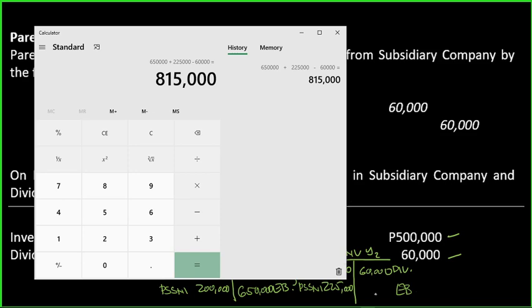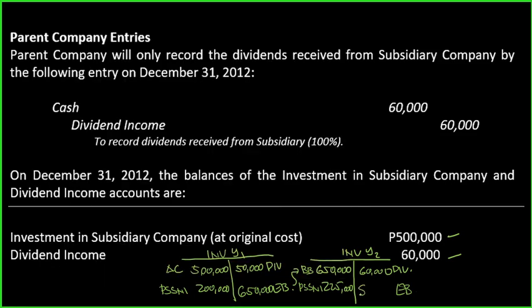The ending balance is 815. If you are using the equity method, you don't have to consolidate. You don't even have to look at the financial statements of the subsidiary. You just look at your investment account. It was previously recorded at 500, but now it's 815. This is an indicator that the subsidiary acquired is performing well. Now, let's continue.